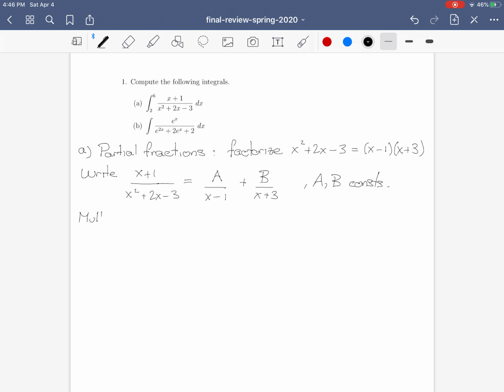So our next step is to find the constants a and b. The first thing we do for this is we multiply up. If we multiply up on both sides, we get x plus 1 is equal to a times x plus 3 plus b times x minus 1. And now let's compare coefficients.